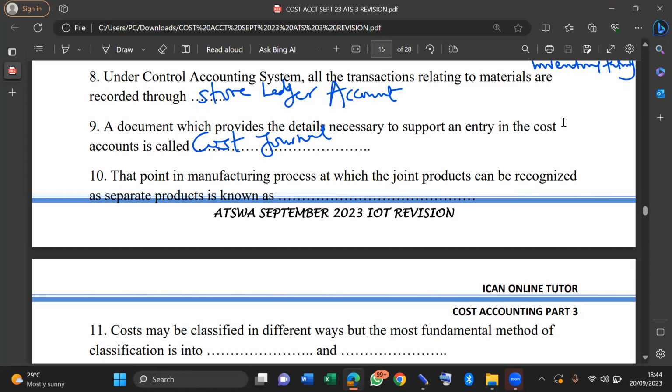Separation point. Or you call it split off. That means we have split it. Split off. Or you call it what? Separation. We have separated it. Okay. Separation, or you call it split off.